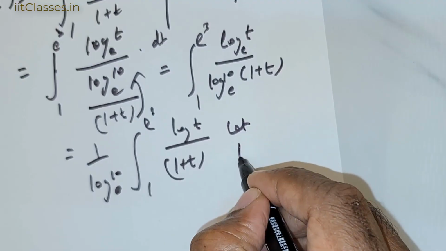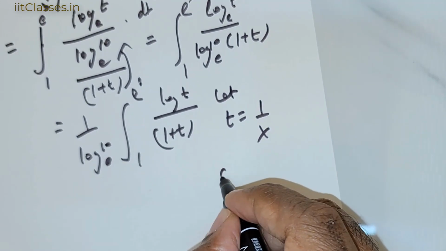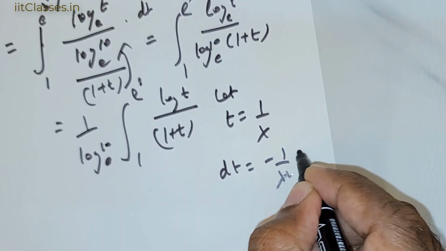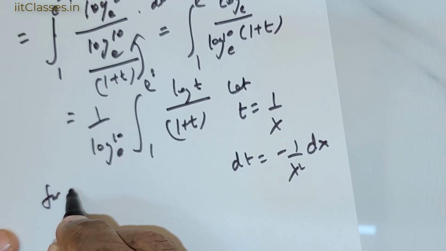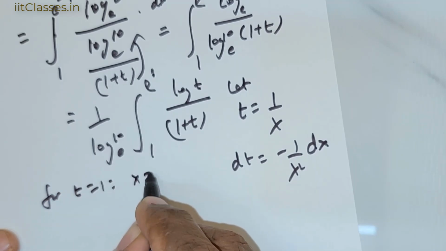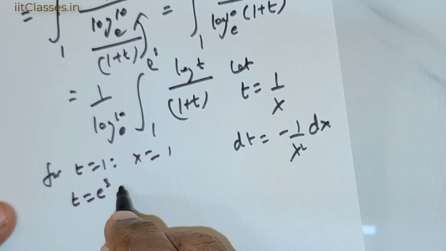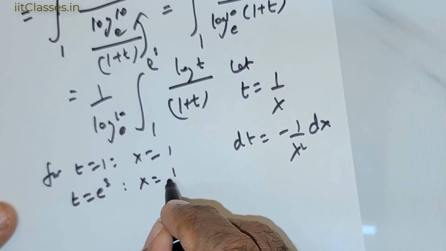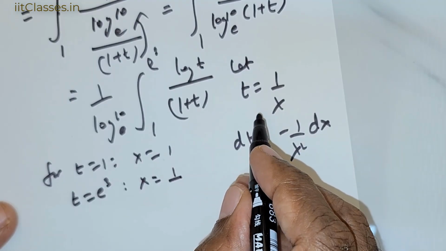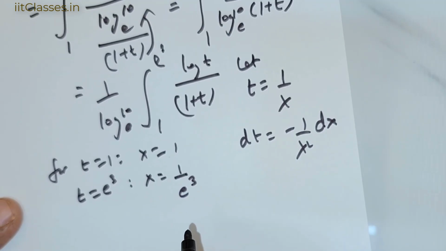Now let me replace t with 1 over x. So dt will be negative 1 over x squared times dx. The limits will be: for t equal to 1, x is equal to 1. For t equal to e raised to the power of 3, my x is going to be 1 over e raised to the power of 3.